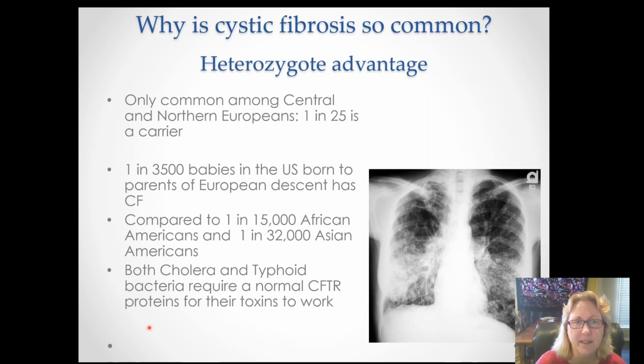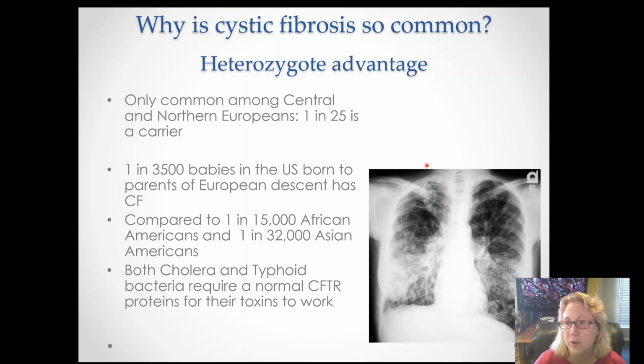So in the US, if both parents are of European descent, about 1 in 3,500 babies will be born with cystic fibrosis. So for a genetic disorder, that's pretty common. If we look at African Americans, it's only 1 in 15,000, and for Asian Americans, only 1 in 32,000. That's more like the numbers that we would expect for a rare deleterious genetic disorder.